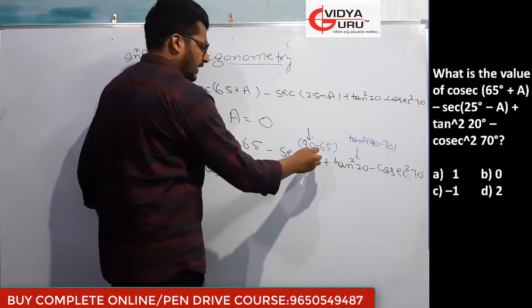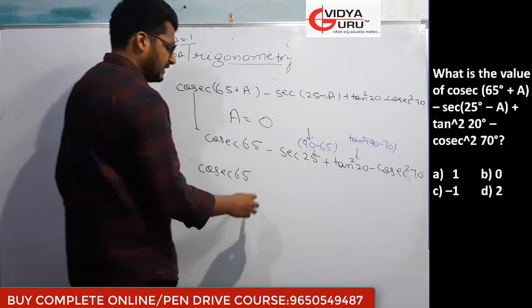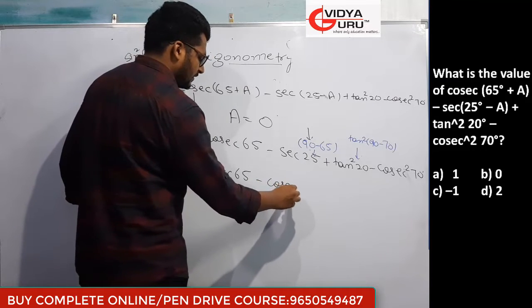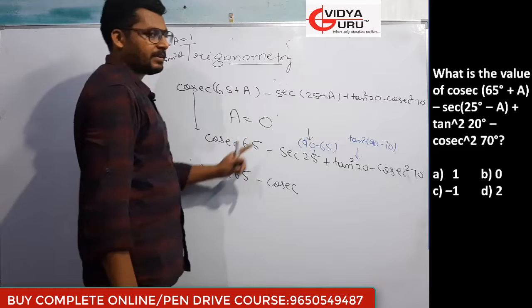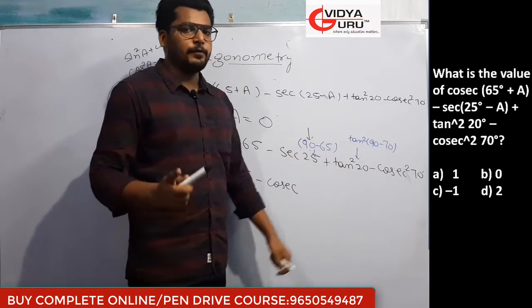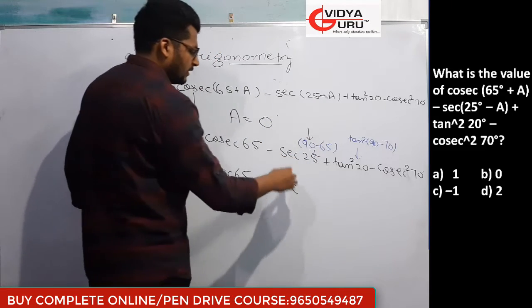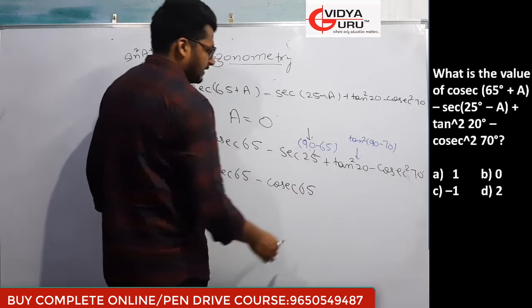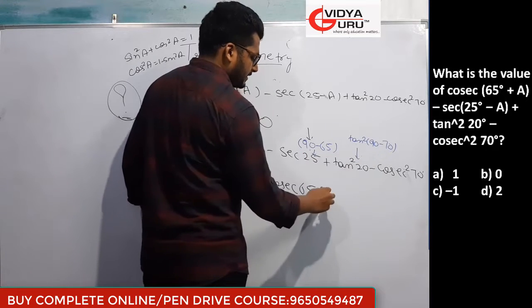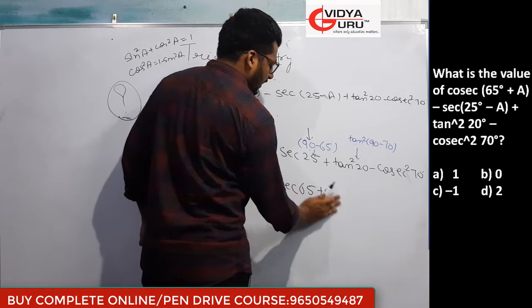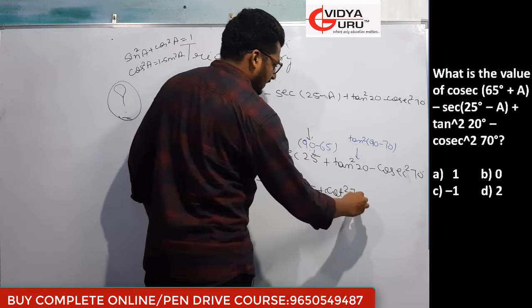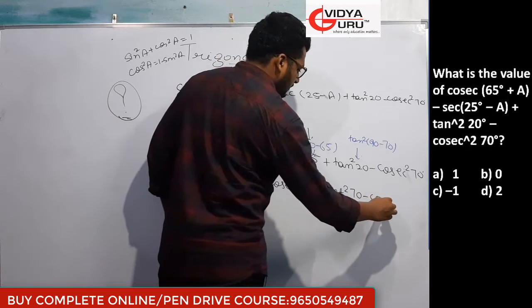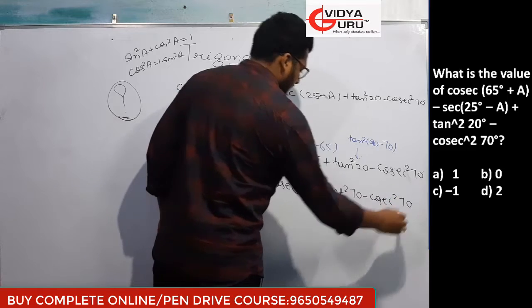If I am doing 90 minus 65, sec will change into cosec, and 90 minus 65 is in the first quadrant. In the first quadrant all values are positive, so this will become cosec 65. Same way tan square 90 minus 70 will become cot square 70 minus cosec square 70.